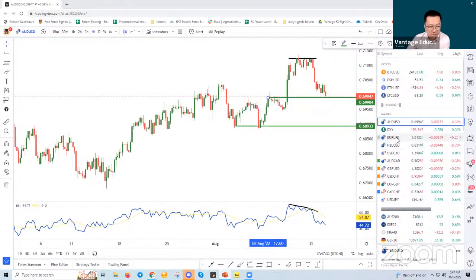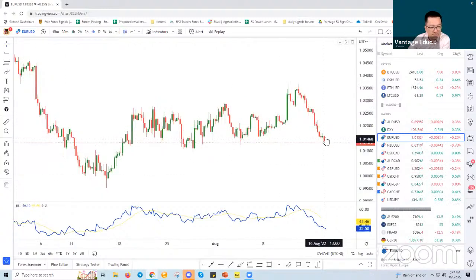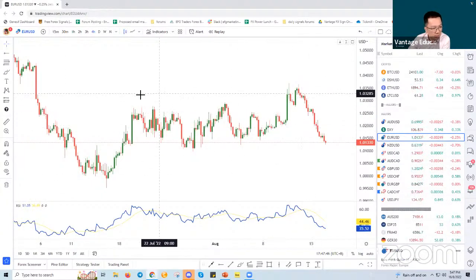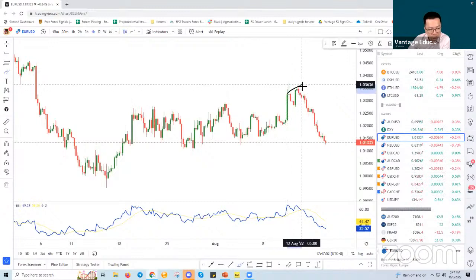All right. So that was one example of an exaggerated divergence. Let's look at the euro dollar. Clear it out a little bit. Not a great one, but if I had to just find an example, you can see that it's pushed up, and in this case, slightly towards the downside there.